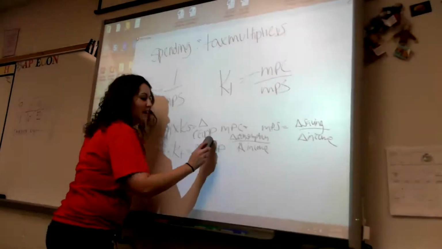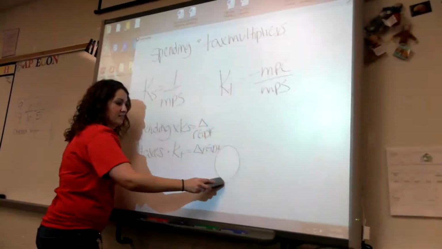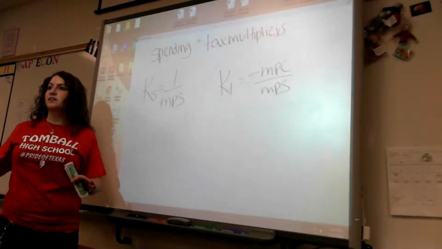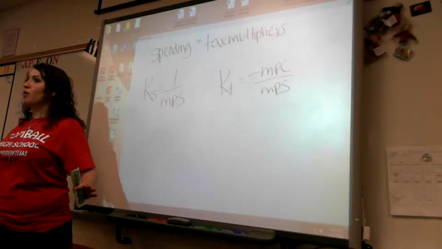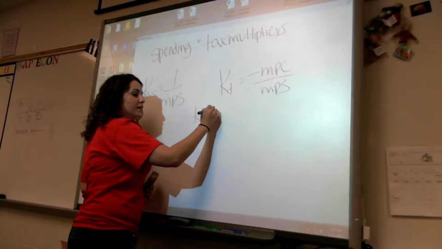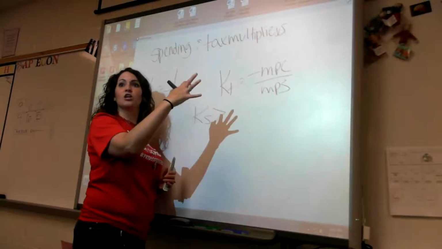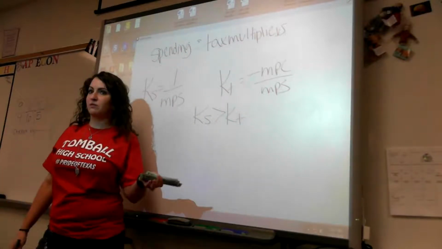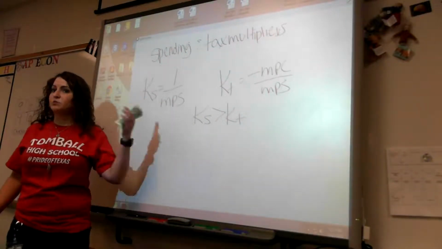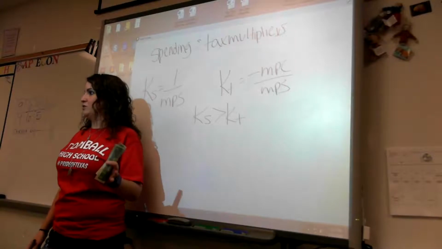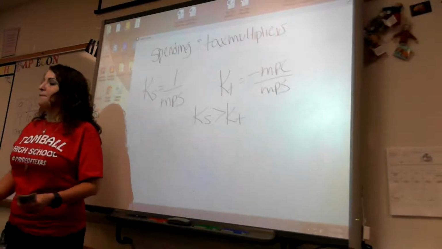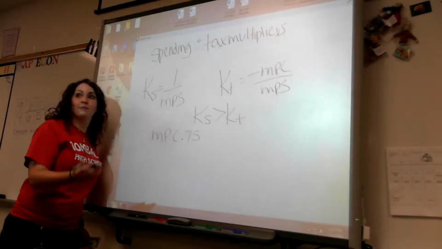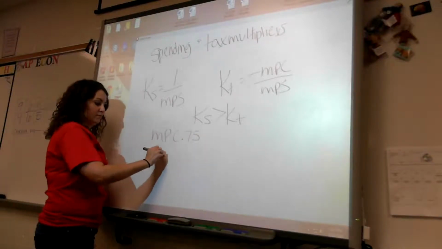Okay, I'm going to erase this and most of this. Let's say this is proving my point of why the spending multiplier yields a greater impact on GDP than the tax multiplier does. If they were to change spending by X amount and taxes by the same amount, the spending is going to have a bigger impact always, and here's why. Let's say that the MPC is 0.75. That means the MPS is 0.25.